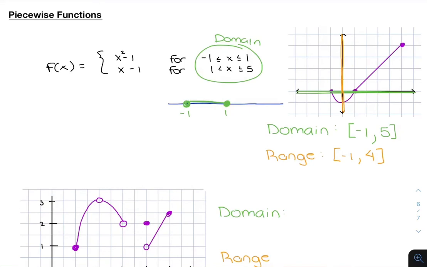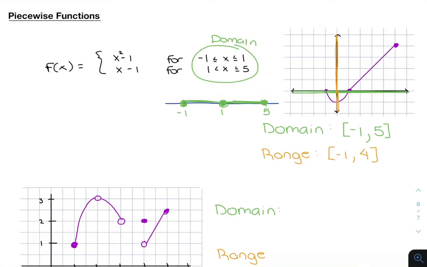The other interval is going from 1, not included, up to 5, which is included. So if we combine both of these graphs and look at the overlap that they have, we do get our domain going from -1 up until 5.